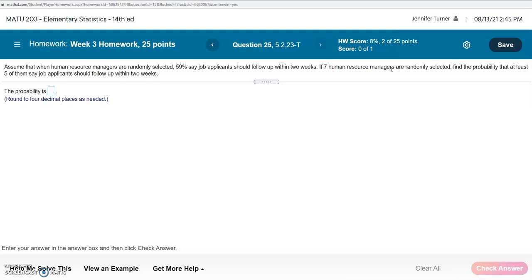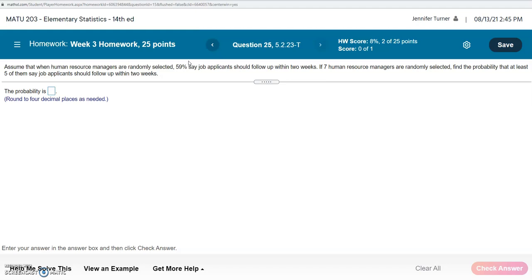And the last criteria is that the probability of a success, meaning the probability that any individual human resource manager here is going to say yes to this question, should be the same. And they told us here that we could assume that there was a 59% chance that any individual one of our human resource managers would say yes to this question. So hence this is a binomial distribution.